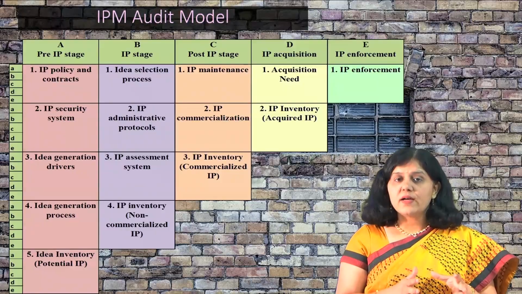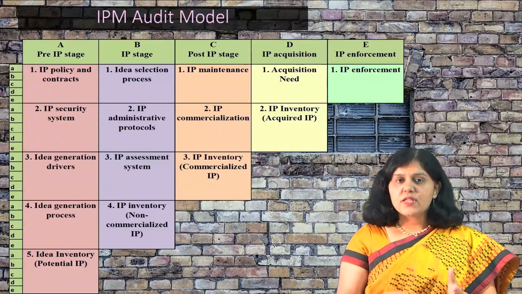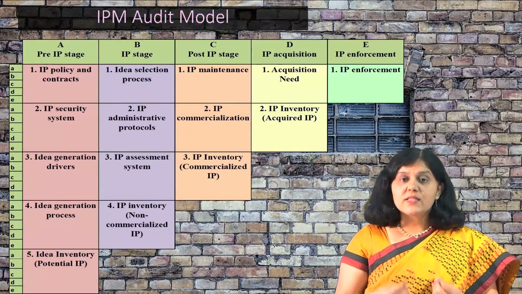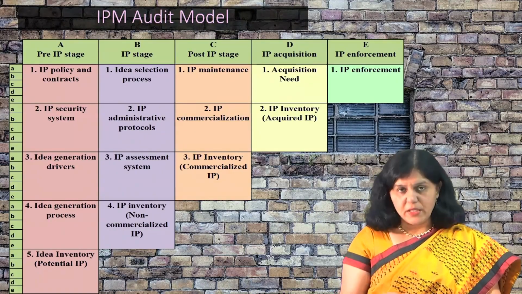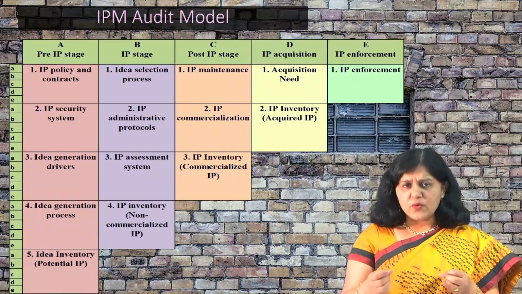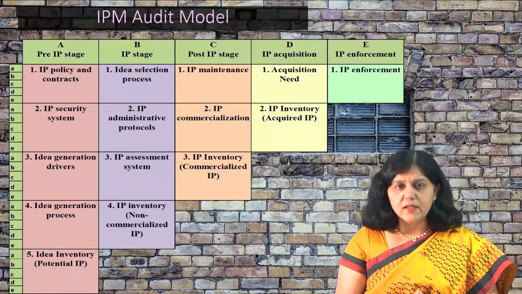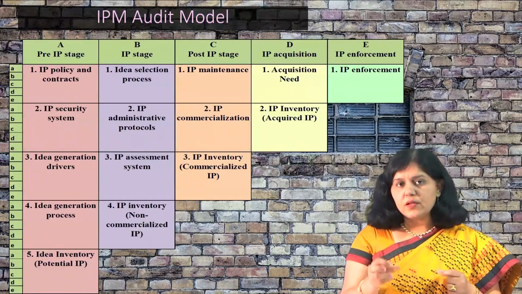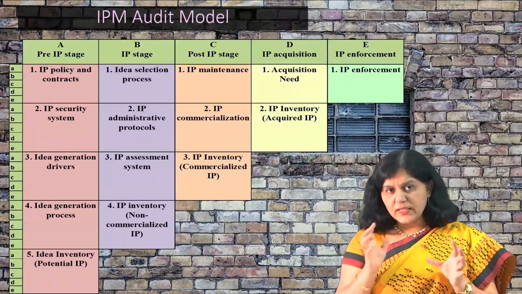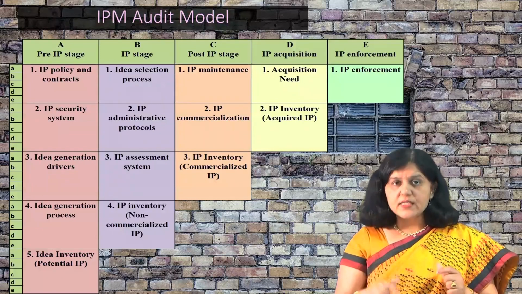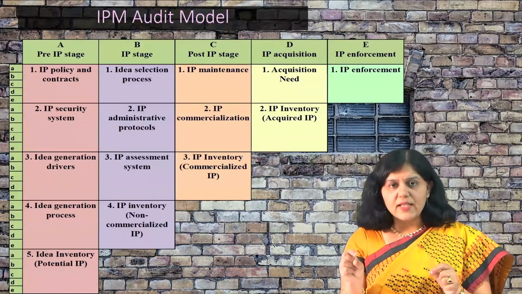Suppose you have 100 ideas and you want to select only 5 ideas, how can you select them? There you have to set the parameters. There is a process for that also. We will not discuss that here, but how to select the ideas, and once you select those 5 ideas, how to plan that activity.